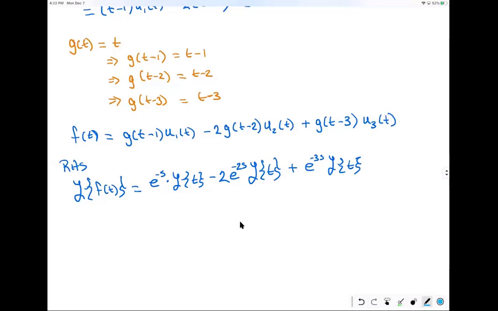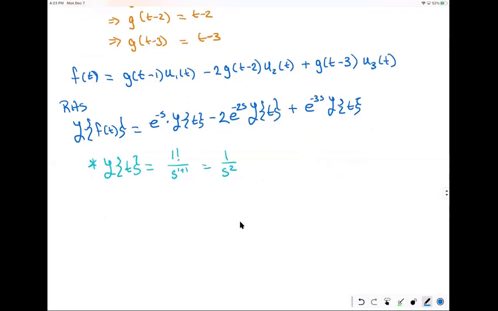And if I look at my chart, the Laplace transform of t is equal to 1 factorial over s to the 1 plus 1. So this would be 1 over s squared. And so each term has one of those.